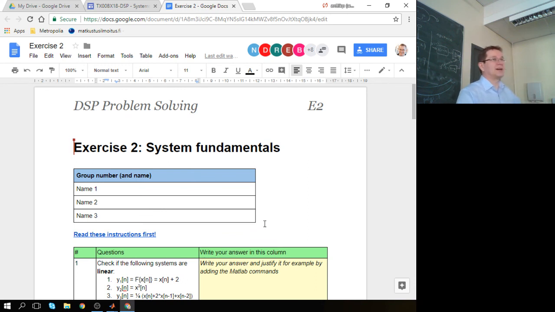One return is enough for a group, but no penalty for returning more than one. There will be no penalty for returning the exercises late. So if you haven't yet returned exercise 1, you are in quite a big hurry now to return it.